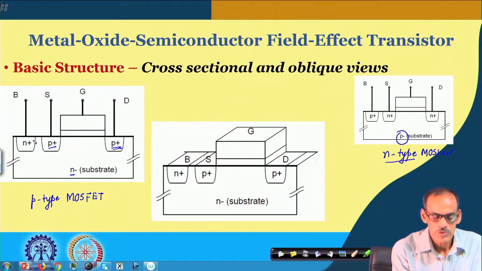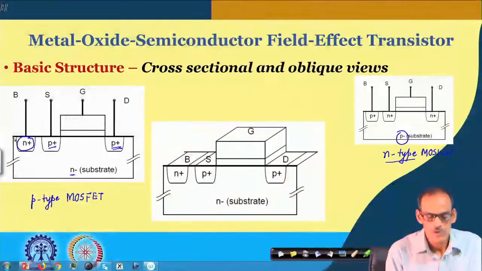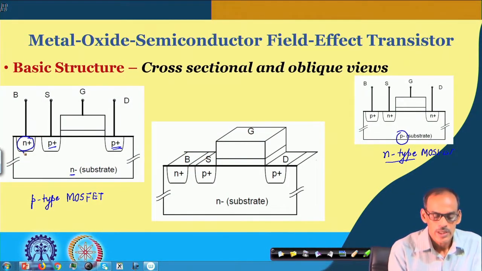Similar to the NMOSFET, here also we have a highly doped island for the body connection. In this case, the body is N type, so we require an N plus island, and on top of that we have the metal connection, and then we get the body terminal.